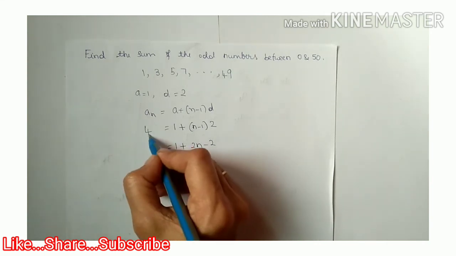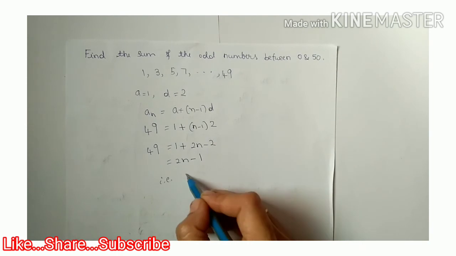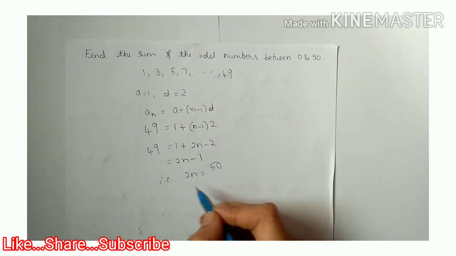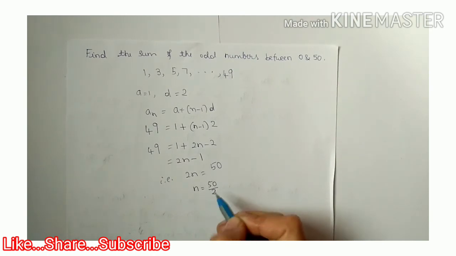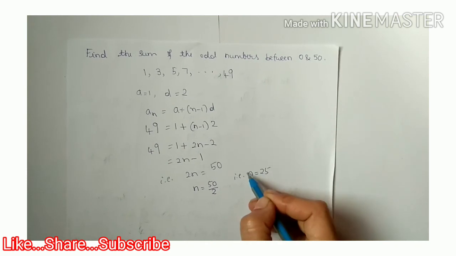Here the last term is 49, so 2n is equal to 49 plus 1, 50, or n is equal to 50 by 2, that is n is equal to 25.